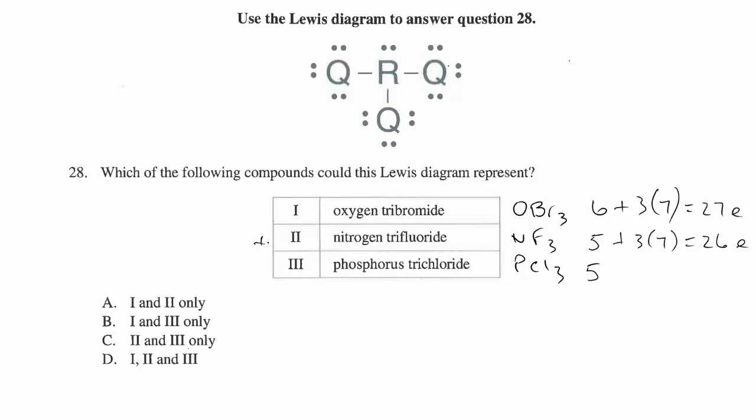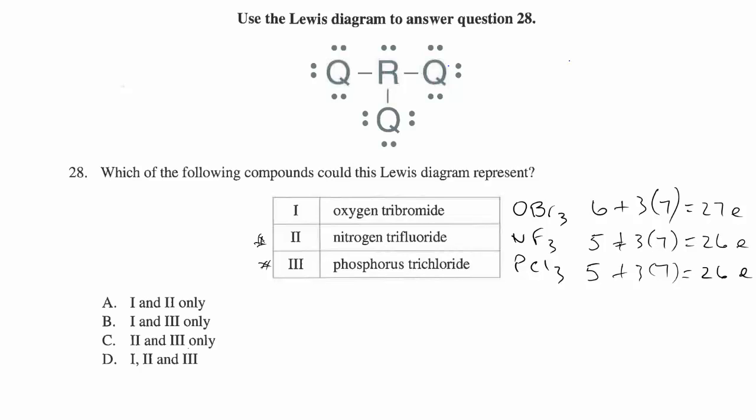The fact that both 2 and 3 are in the same group suggests that there's probably 2 answers to this question, right? And we still are dealing with a halogen here, the same group as fluorine, so it's also going to have 7 valence electrons times 3, for a total of 26 electrons.